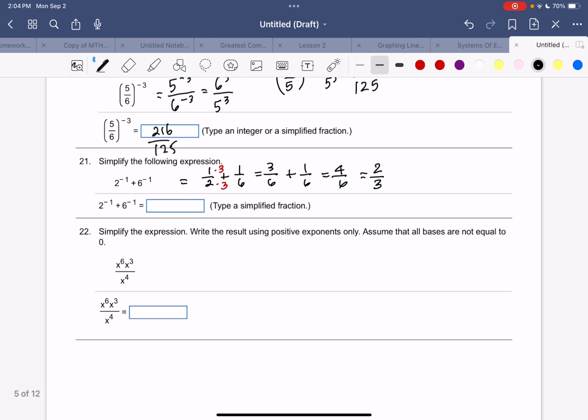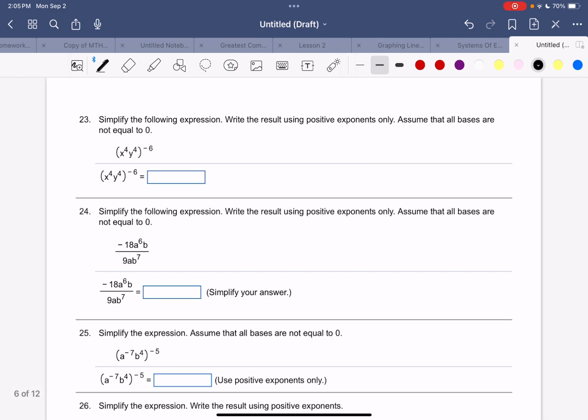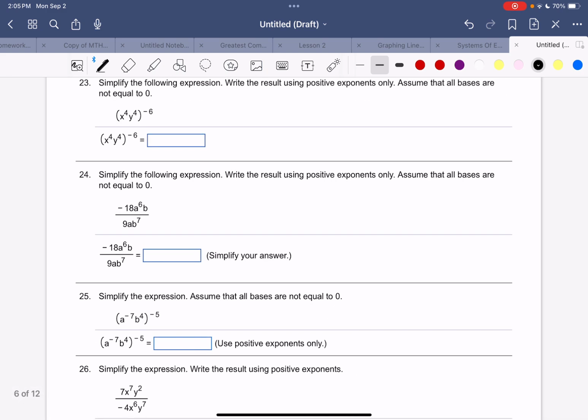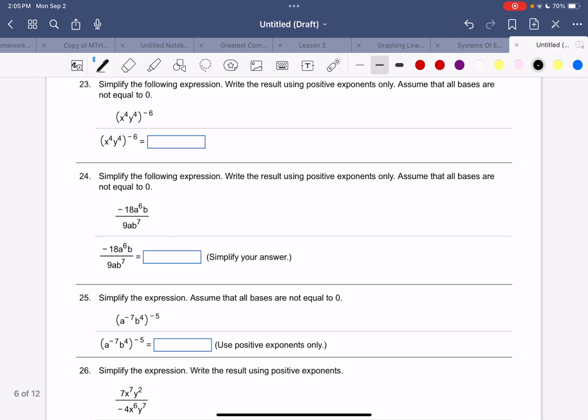Simplify the expression. Well, let's do what's on the top first. X to the 9th over X to the 4th. And that means I subtract, so my answer is X to the 5th. Number 23. A couple of ways I can do this.